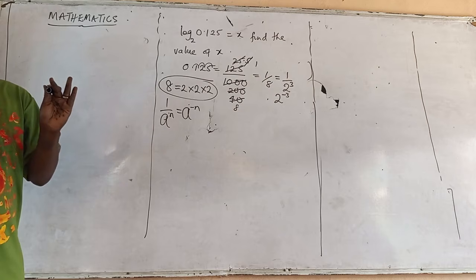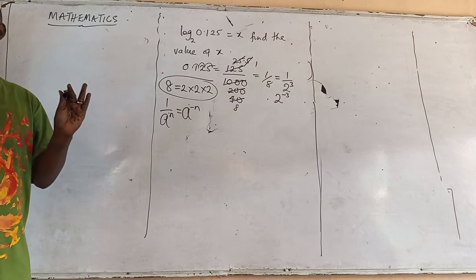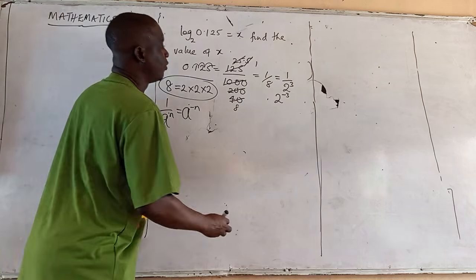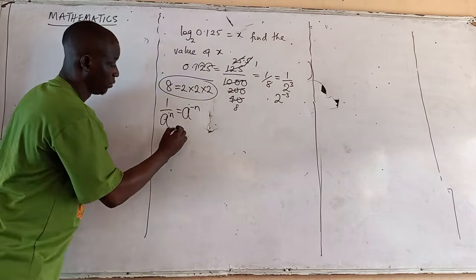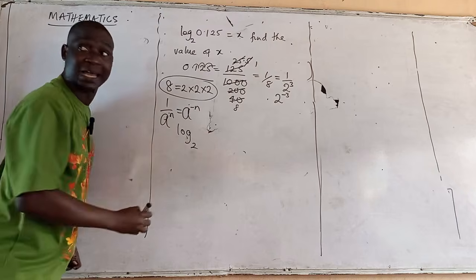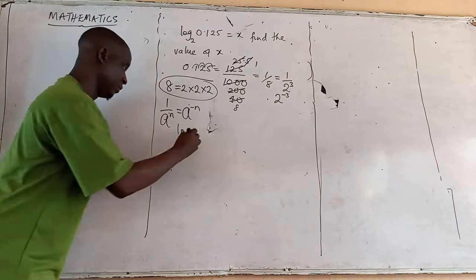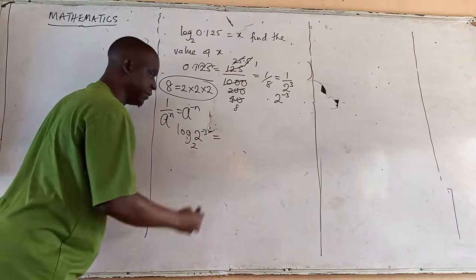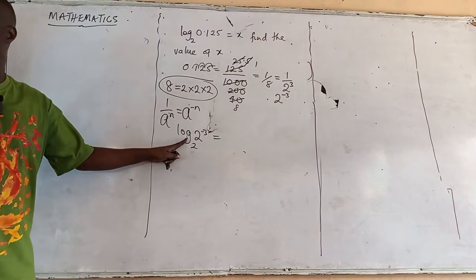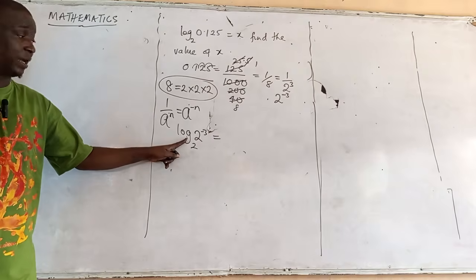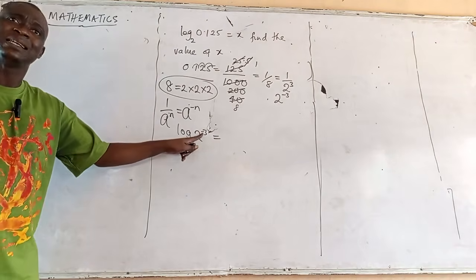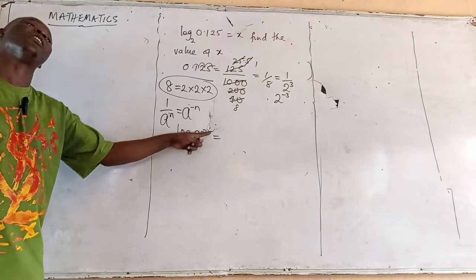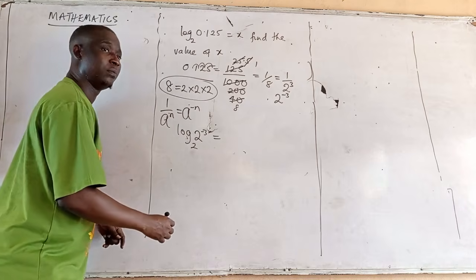Just focus here. Look at me, please. Now, this one will be what? We put it there as 2 raised to minus 3. Please, that lady there, just focus, please. Now, what will you have there? If I give you a rule that says if a base carries a power, and another power, what will happen?